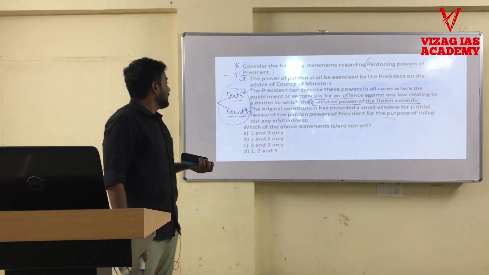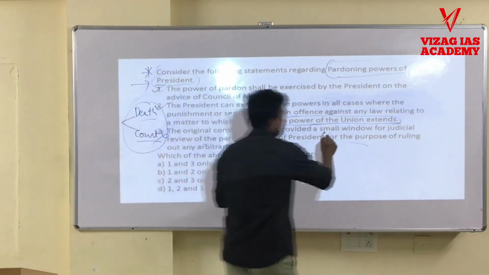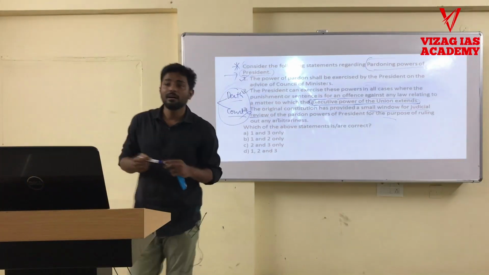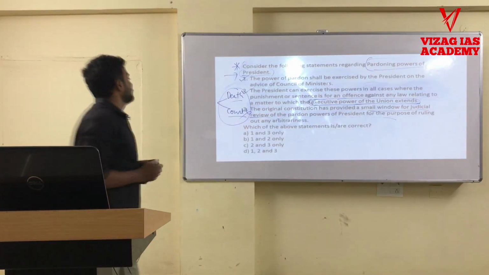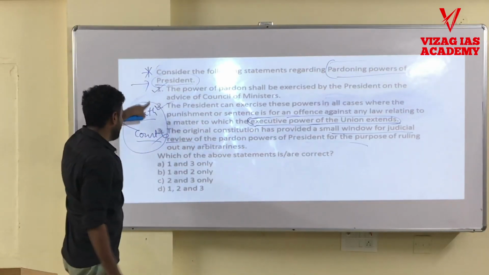Then the third point: the original constitution has provided a small window for judicial review. Is there a concept of judicial review for the president's pardon? No. So the answer is 1 and 2.